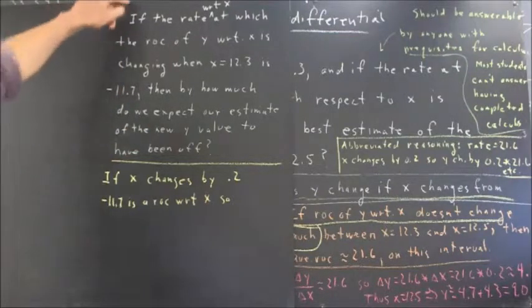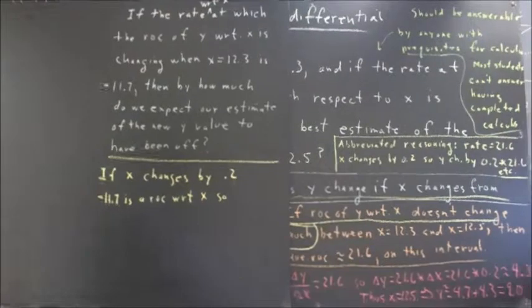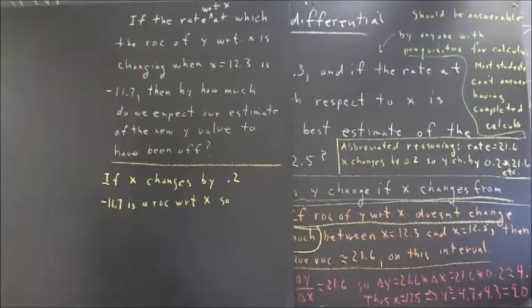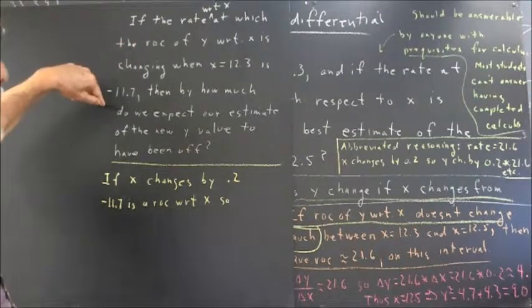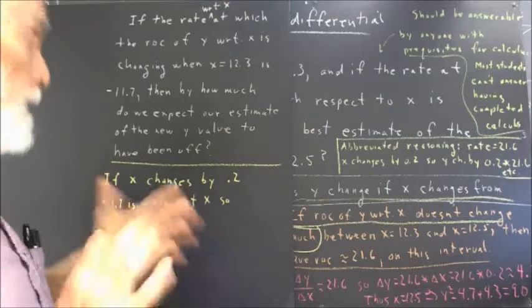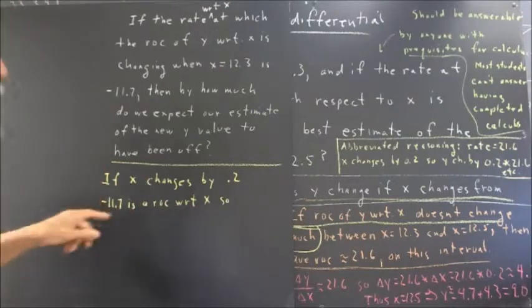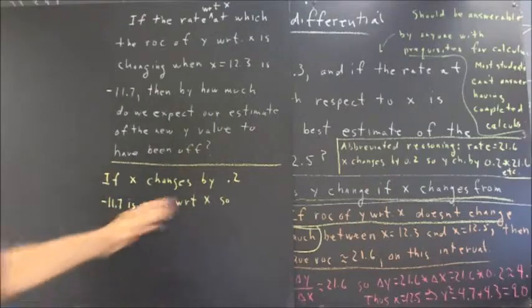If you deconstruct the statement, you'll see that this is a rate of change of something with respect to x. And let's not even worry yet about what that's a rate of change of.